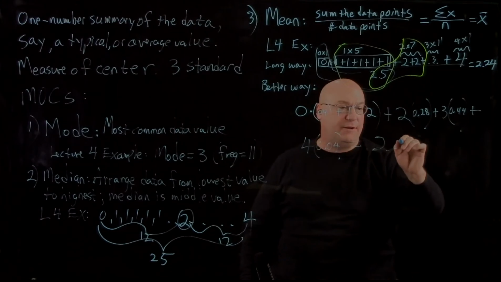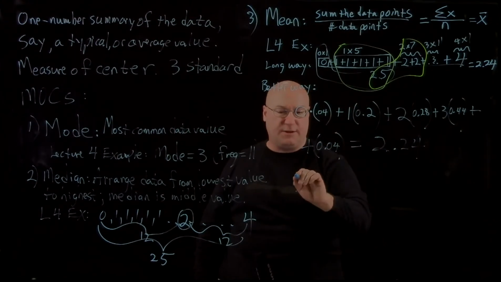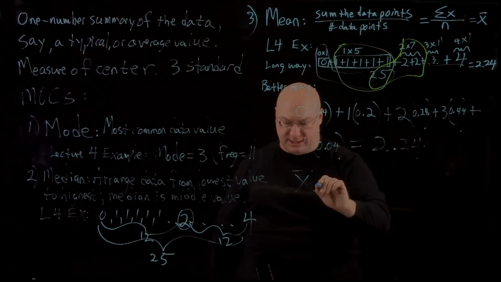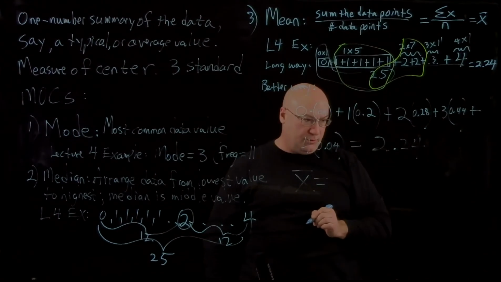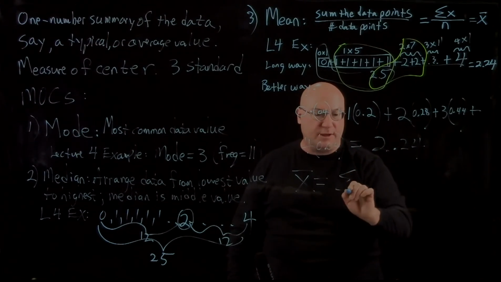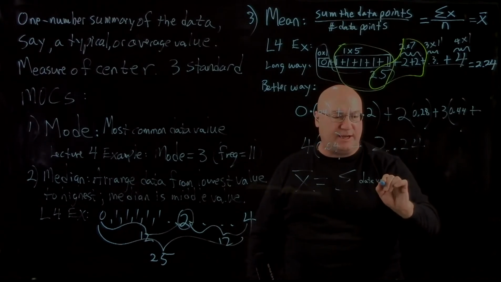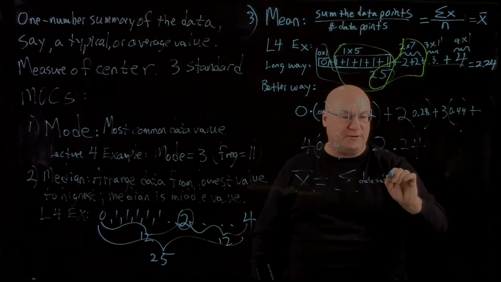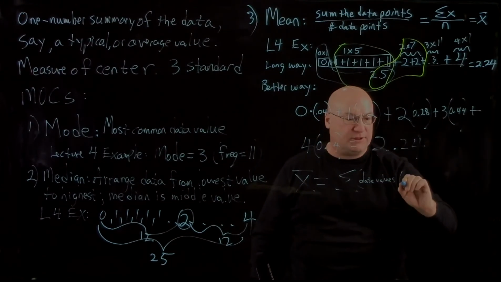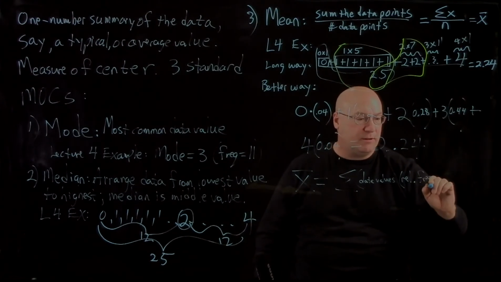You work it out. So look, what we're saying is x bar, the mean, is equal to the sum of all the data values, not the data points, just the individual values, times the relative frequency.